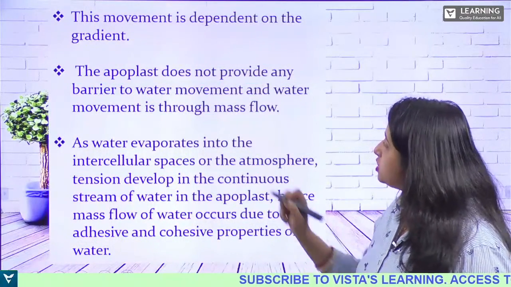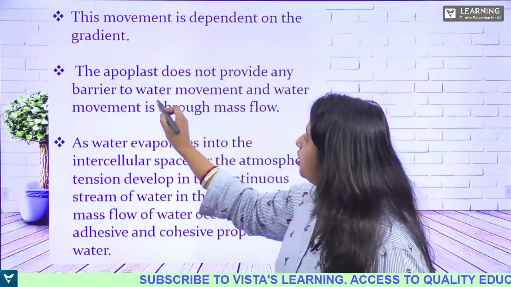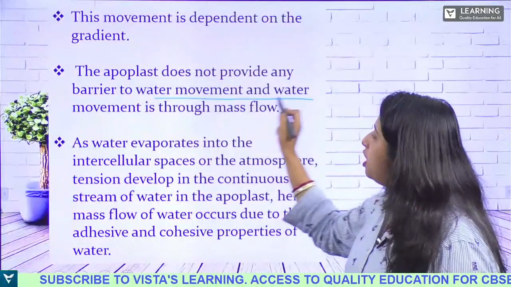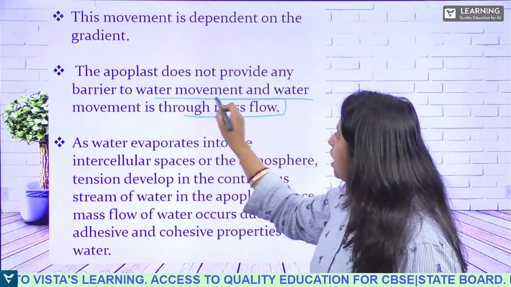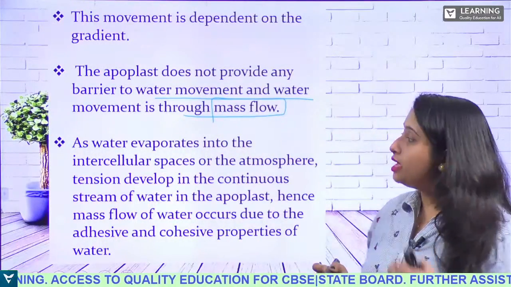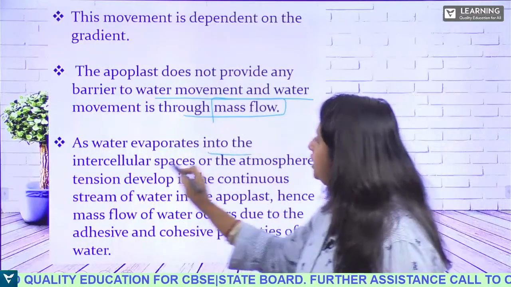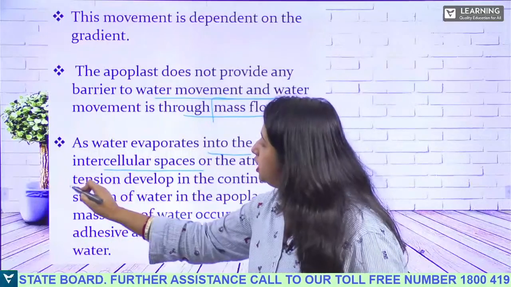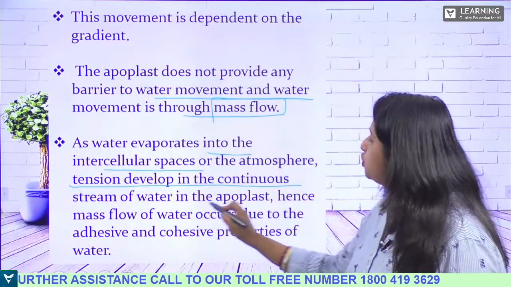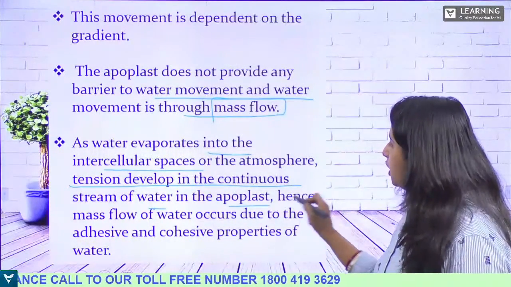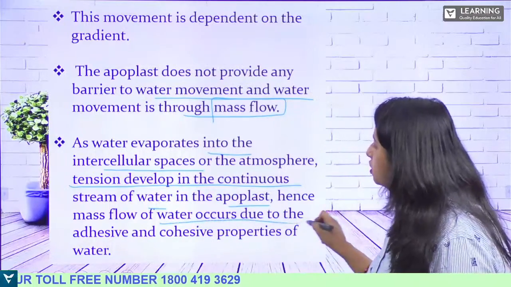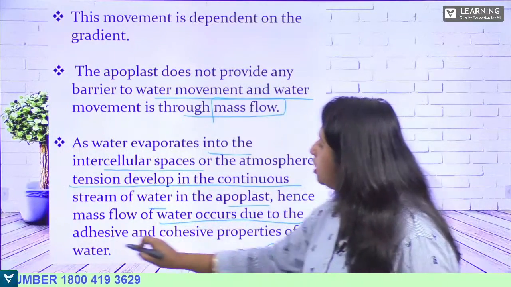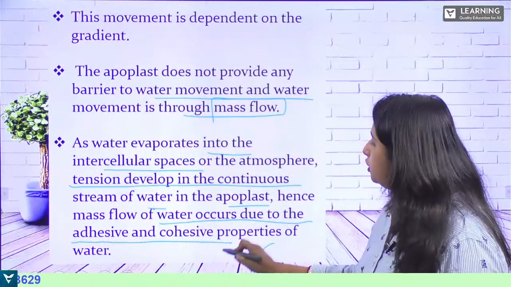So the apoplast does not provide any barrier to water movement, and water movement is through mass flow. As water evaporates into the intercellular space or the atmosphere, tension develops in the continuous stream of water in the apoplast. Hence, mass flow of water occurs due to the adhesive and cohesive property of the water.